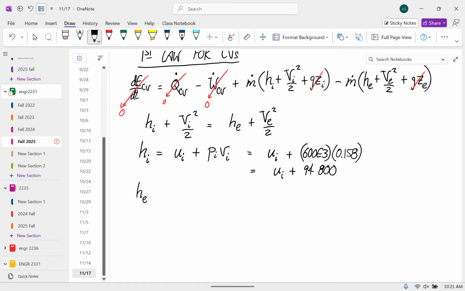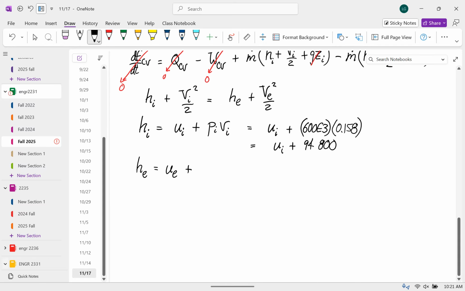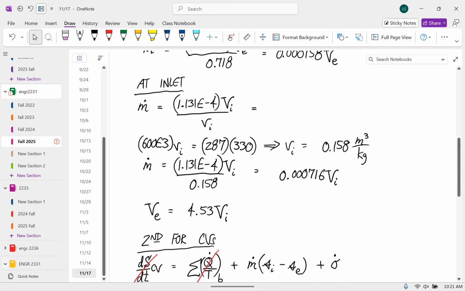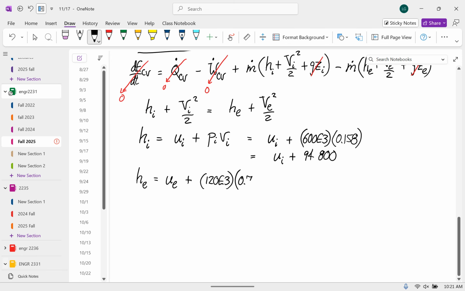And then at the exit, this is Ue plus pressure at the exit, 120 times 10 to the third, times the specific volume at the exit, 0.718. So that is Ue plus 86,160.